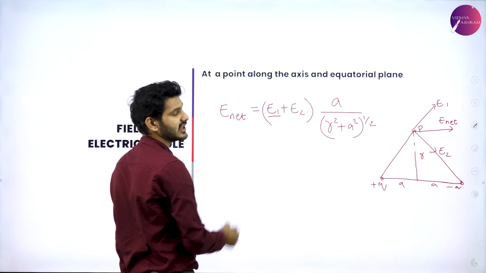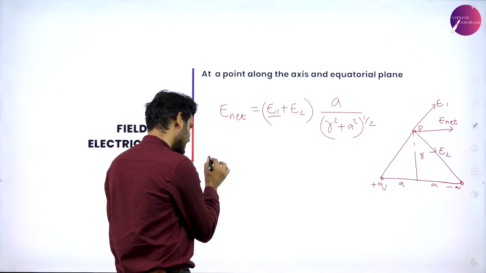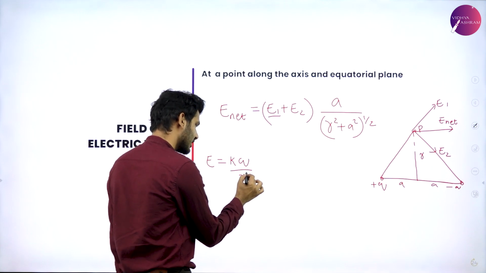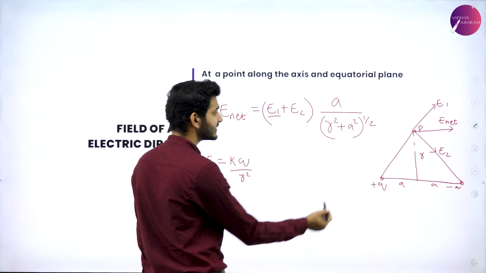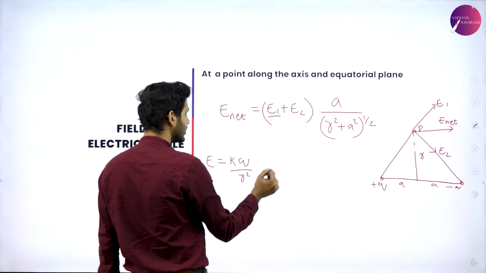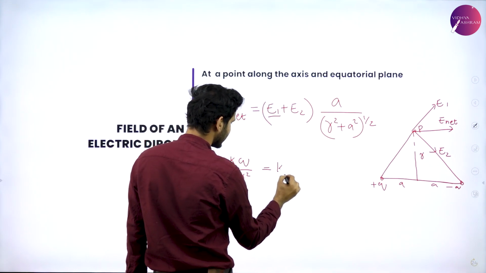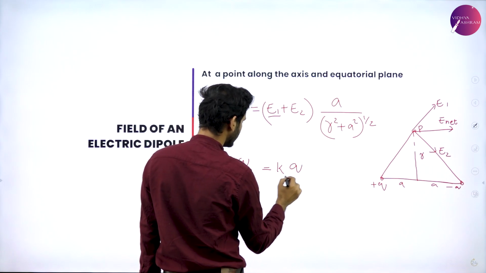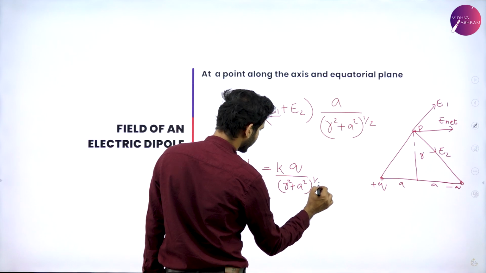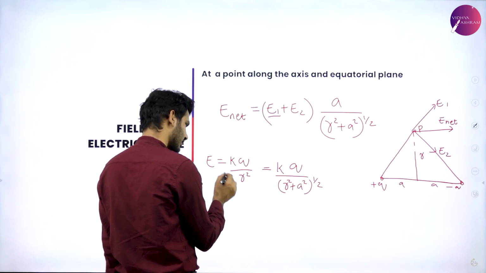we know for E. So we already know that E is equal to KQ divided by R², where here R is (R² + A²)^(1/2). So we will write that as KQ divided by (R² + A²)^(1/2). That is for E1.